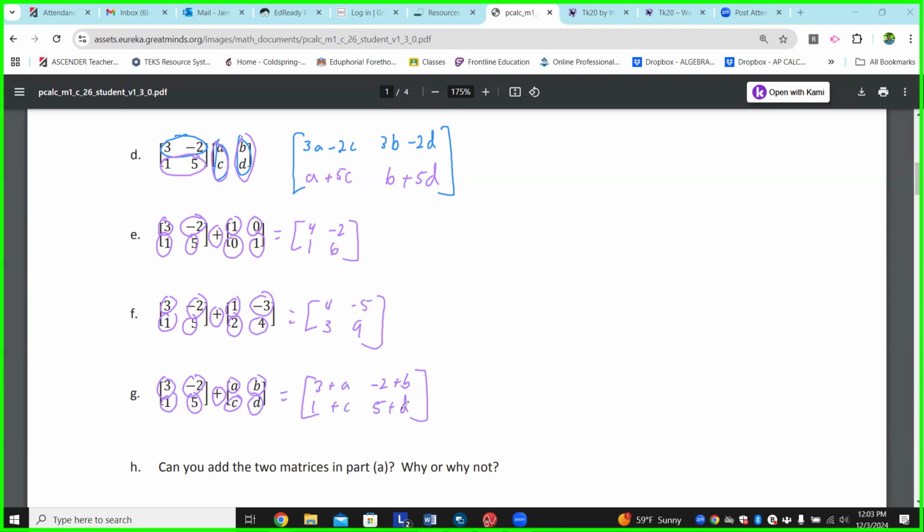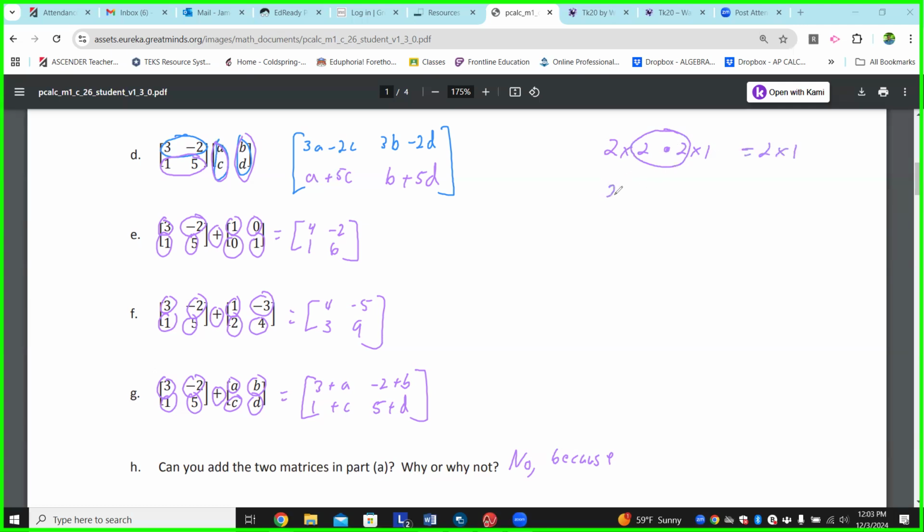All right, on the last question, can you add the two matrices in part A? Why not? Very good. No. That is for multiplication. With multiplication, a 2 by 2 times a 2 by 1, these have to be the same, so I get a 2 by 1 as an answer.